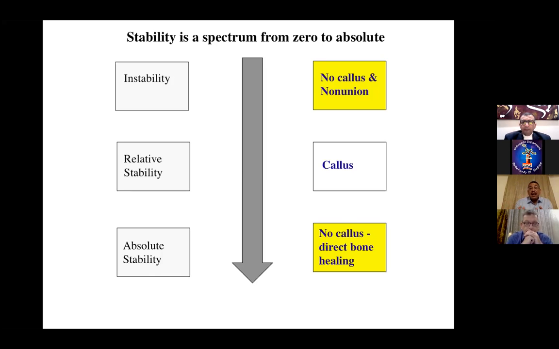There is also no callus, but we will get healing by direct osteonal migration, by remodeling. In between, we have relative stability by splinting the fracture, and we will get callus formation. This is what's called the spectrum of stability.